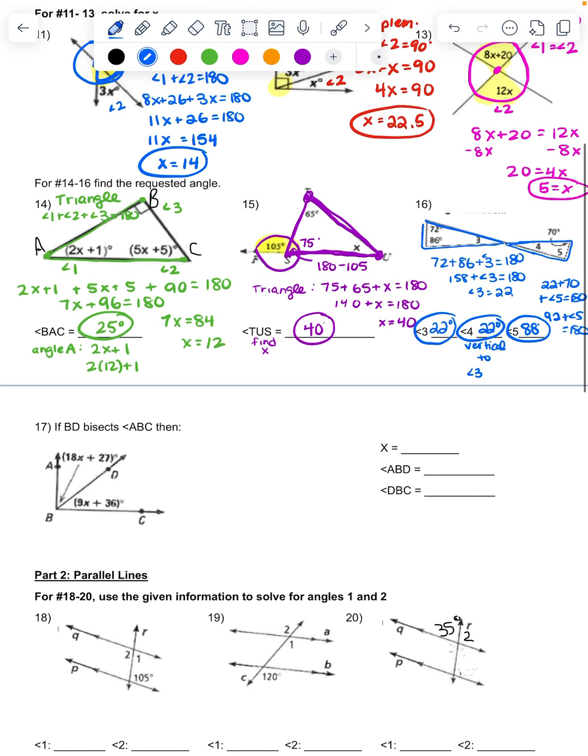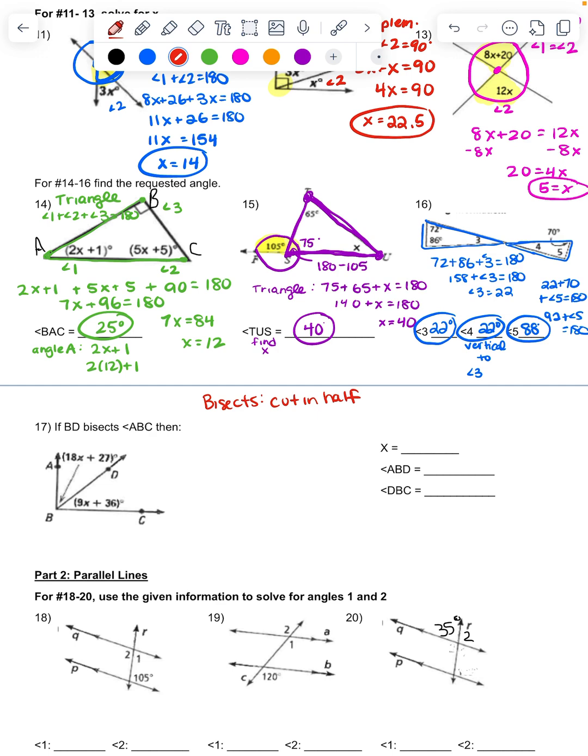All right, my last one from this section says, if BD bisects ABC, then, okay, so the word bisects means cut in half. So think about like if you have a sandwich and you cut it in half, what's true about both sides of the sandwich? Well, if you're truly cutting it in half, you have two equal parts.